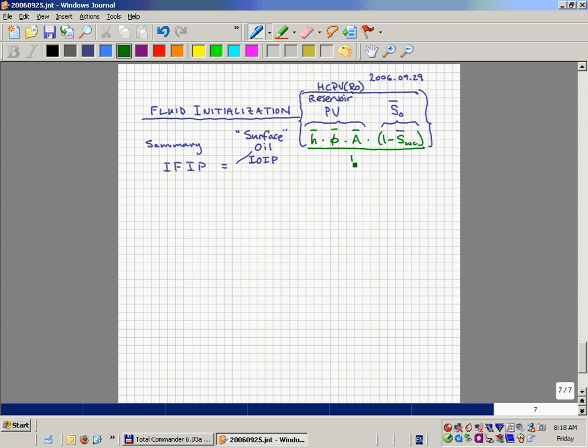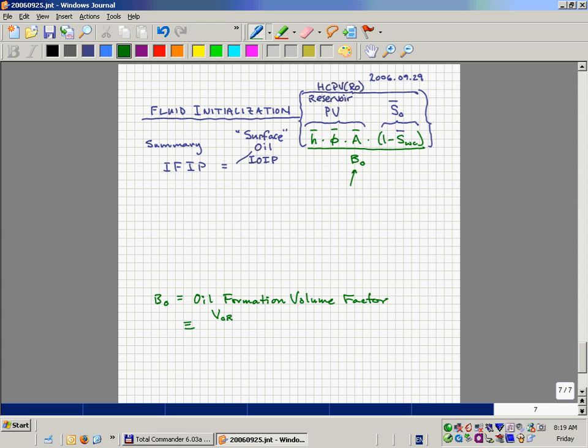Okay? BO. This is the, I'll just write it down here, BO is the oil formation volume factor. And it's defined as the ratio of a cubic meter of reservoir oil.